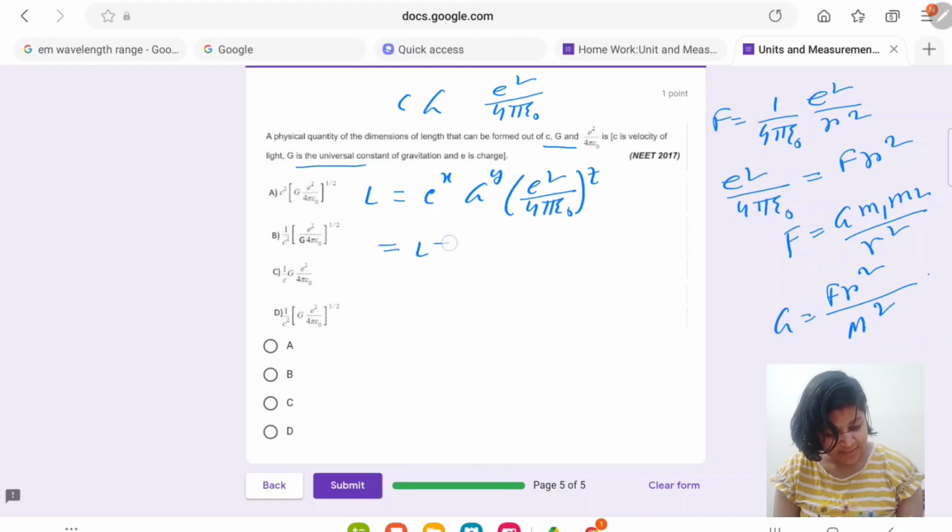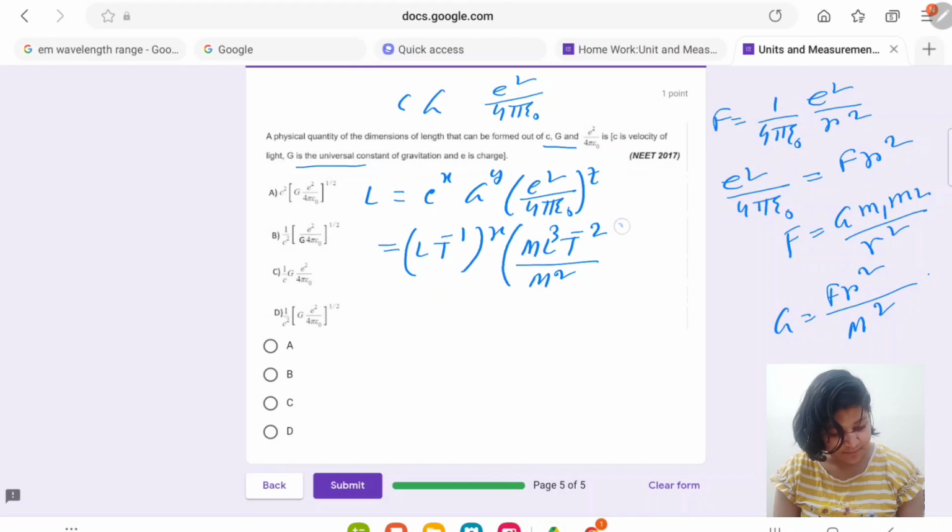So c is simply the dimension of velocity, which is L t to the power minus 1. G has the dimension of force multiplied by r square, so L cube by mass square, to the power y, and e square by 4 pi epsilon naught is force multiplied by r square.